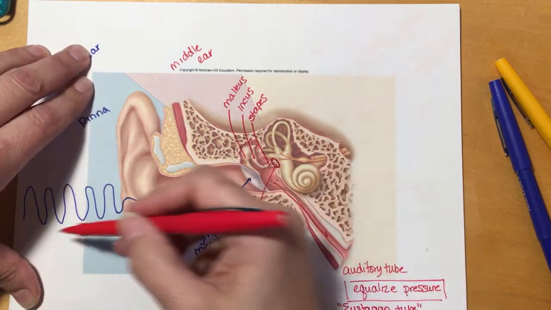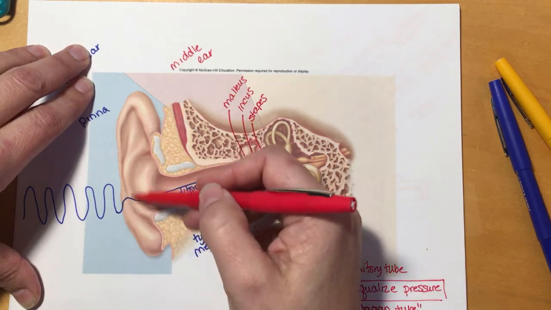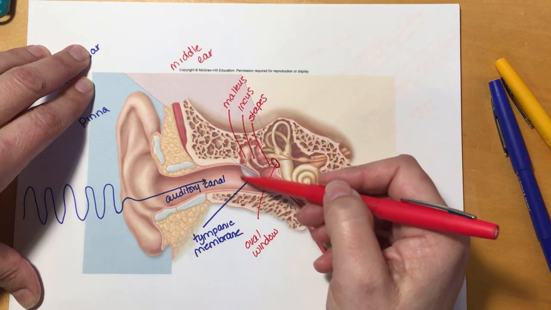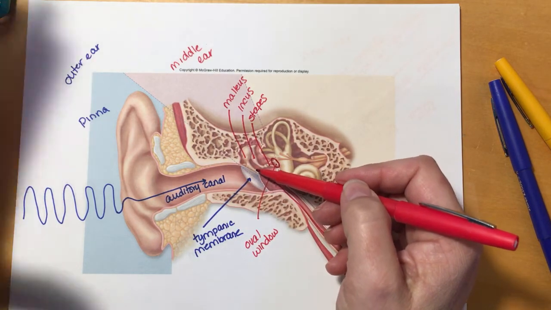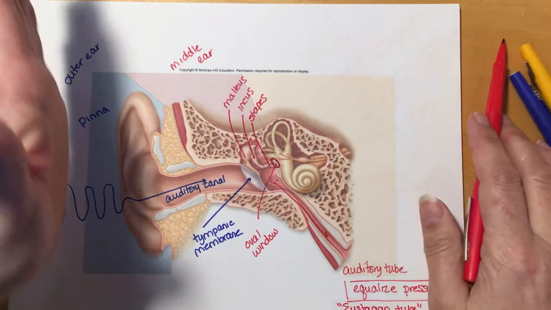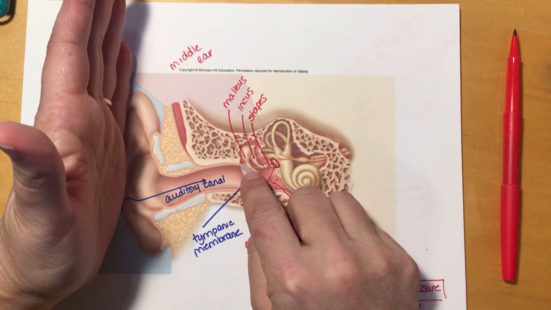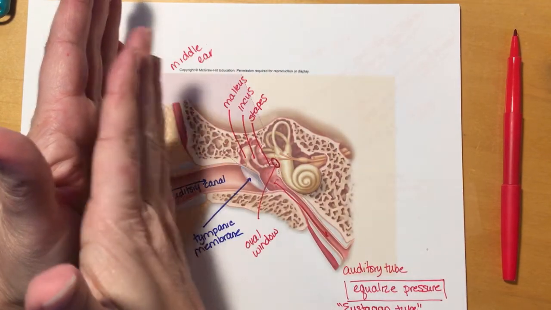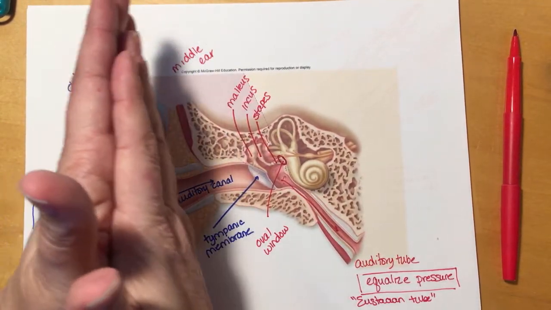So remember, we talked about the sound waves coming into the auditory canal, coming down the auditory canal and pushing on the tympanic membrane. When that happens, the tympanic membrane is sitting right next to the malleus, and it's going to cause the malleus to move.